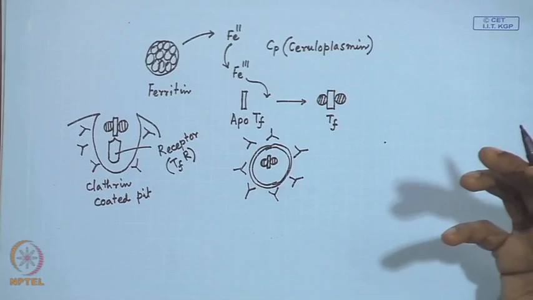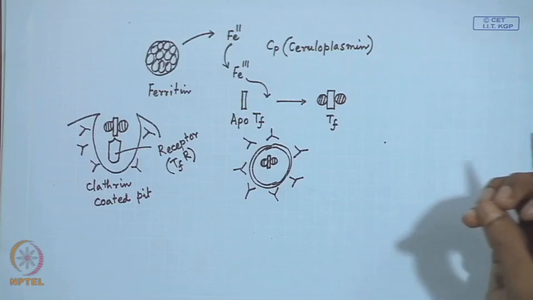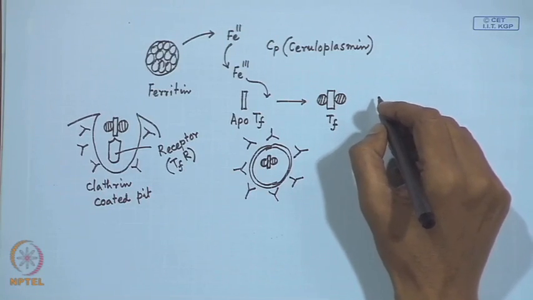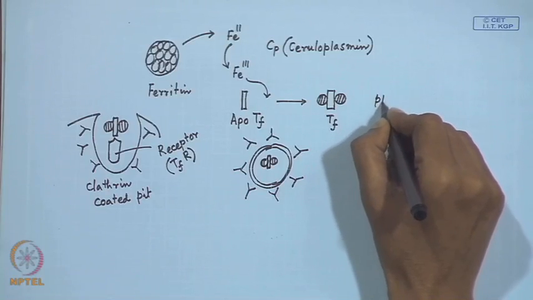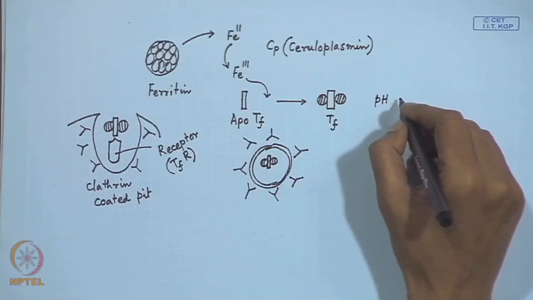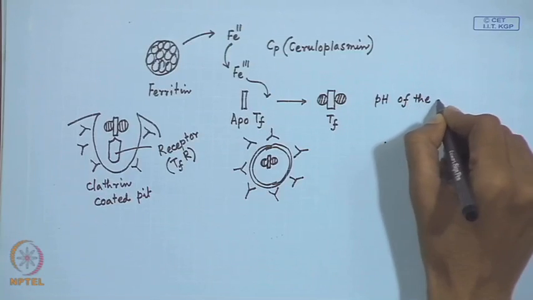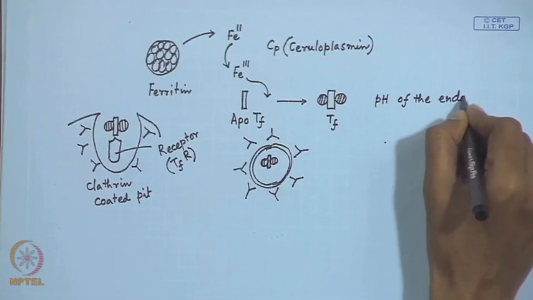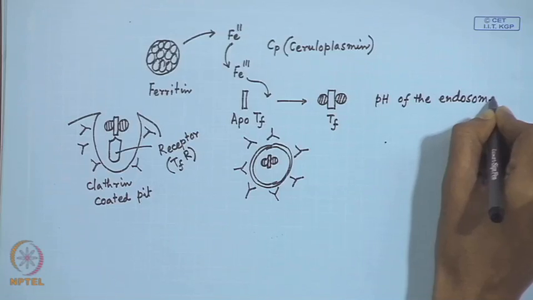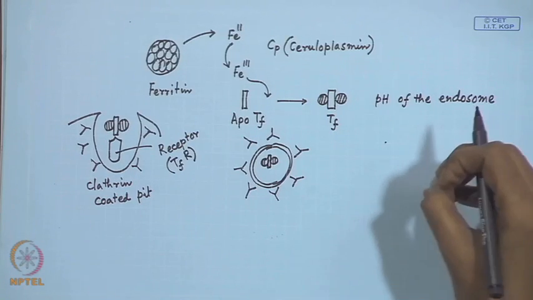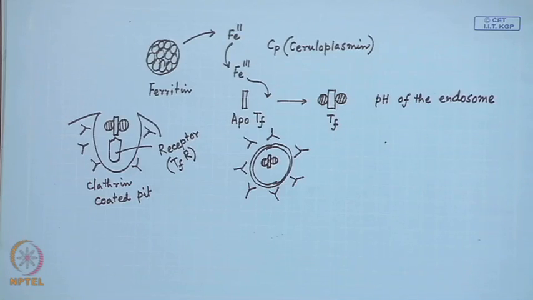Now, we basically transfer this to the endosome. And the pH of the endosome, we are just looking at how the carbonate binding is important for your iron binding as well as iron release, and how it is being checked by controlling the simple pH.